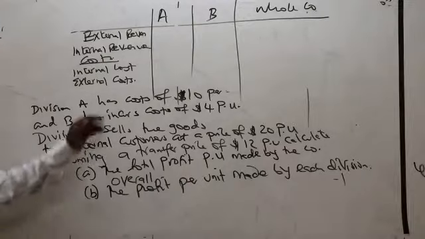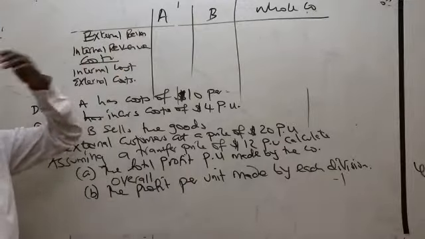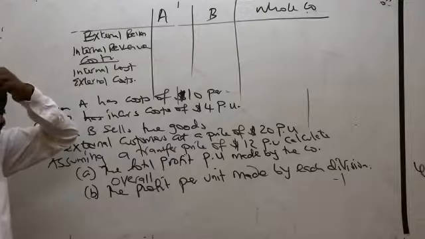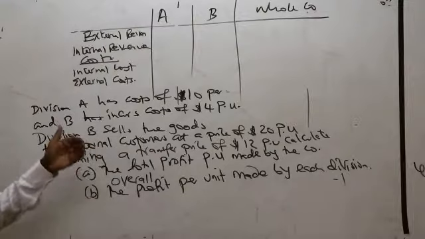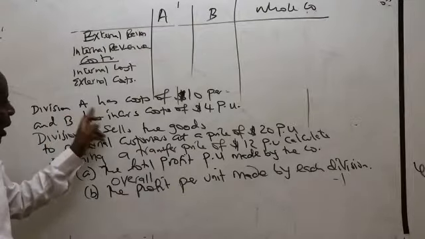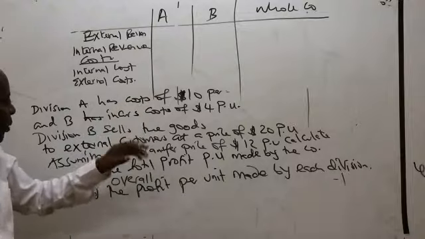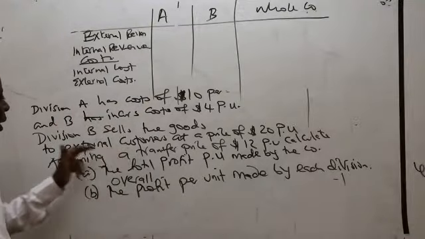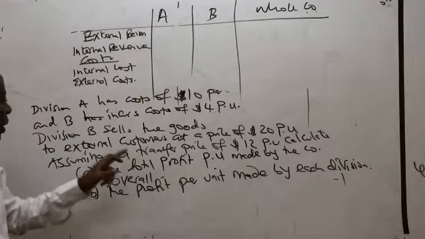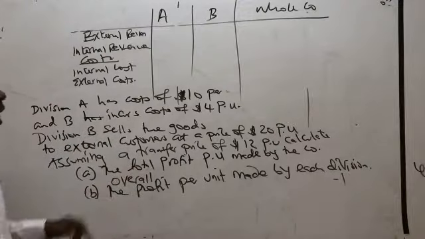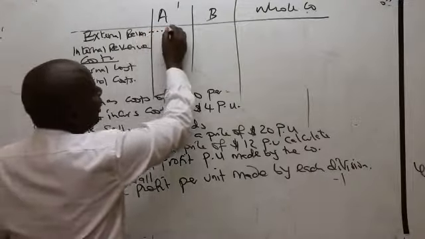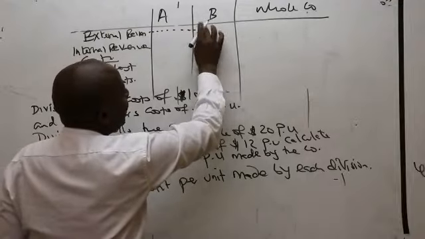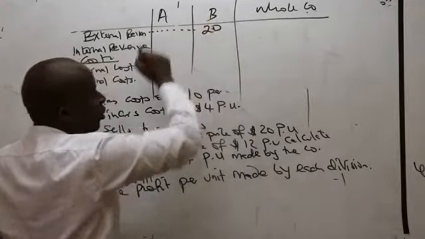We start with the external revenue. Which division is selling these goods externally? We are told division A has costs of $10 per unit, and B incurs costs of $4 per unit. Then division B sells the goods to external customers at what price? The revenue per unit for B is 20, we are being told.